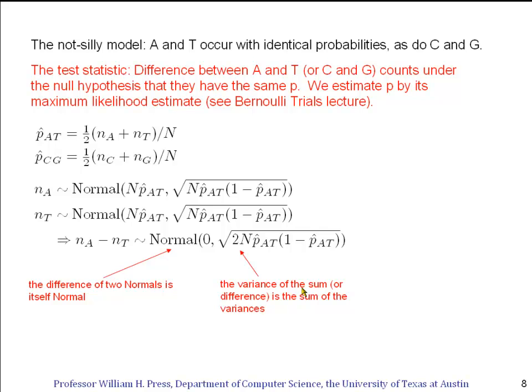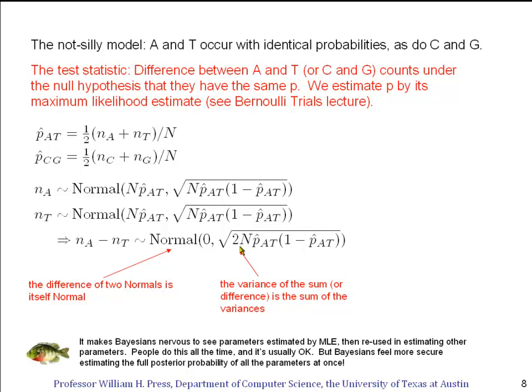That's essentially the same theorem that the sum of two normals has a variance which is the sum of their individual variances, because the variance doesn't really care whether the quantity is a positive quantity that we add, or in effect, a negative quantity that we add to do the subtraction here. So therefore, the variance is twice the variance shown up here. That's the factor 2 here. And we now know what is the distribution of the test statistic. So all that's left is to put in the numbers of the actual data and see what the p-value is for that test statistic.